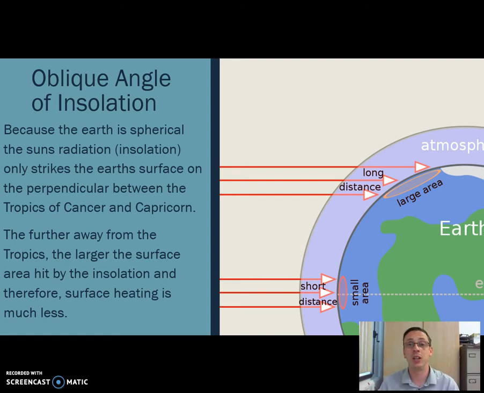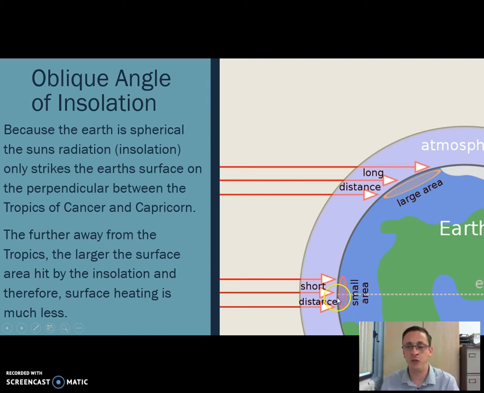When solar insolation hits the atmosphere, we get a set amount of insolation over any given area. And the problem that we have, if we look at the diagram here, is that this one unit, if we want to look at it that way, of solar insolation, by the time it passes through the atmosphere and makes it to the Earth's surface, is only heating quite a small space.